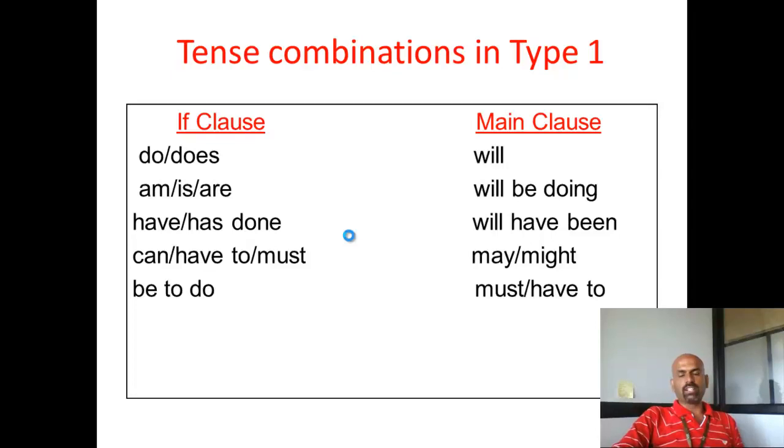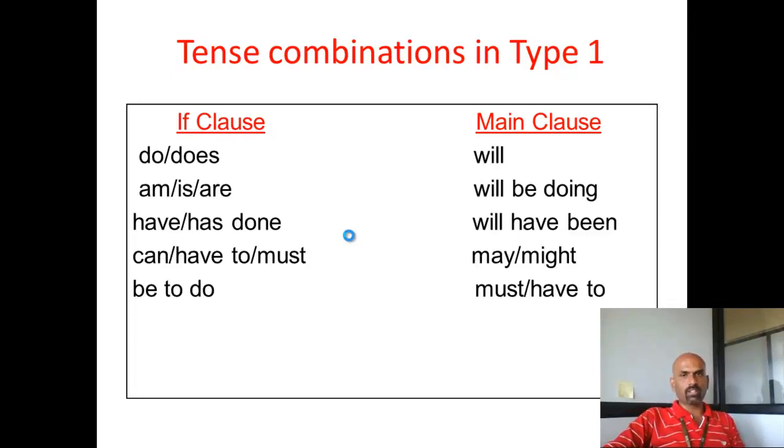And in type 1, that is probable condition, it is called real condition. The if clause is present tense: do, does, am, is, are, have, has, done, can, have to, must, be to, all these talk about present tense. And the main clause will be will be, doing, will have been. The one thing I should tell you, I talked about only present tense and simple future in the first condition in my example.